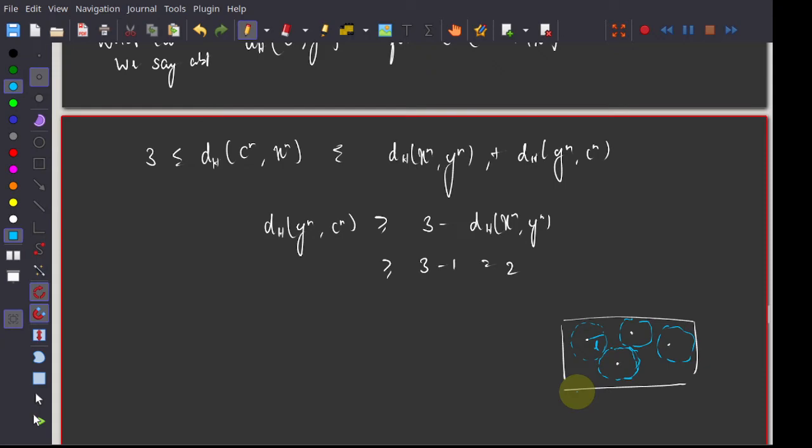No, those error patterns can't be corrected. So L errors can be corrected only if these balls of radius L never intersect with each other. Now you know that the minimum distance between every pair of points is some quantity, dmin. So what do you think should be the relationship between L and dmin, roughly? Yes?